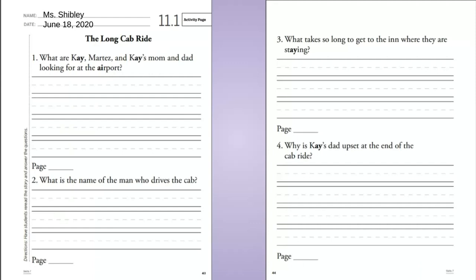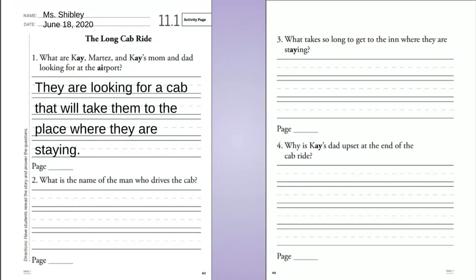What are Kay, Martez, and Kay's mom and dad looking for at the airport? You're right. They are looking for a cab that will take them to the place where they are staying. You could also put they're looking for a cab that will take them to the inn. And remember, inn, like the hotel, is spelled I-N-N.